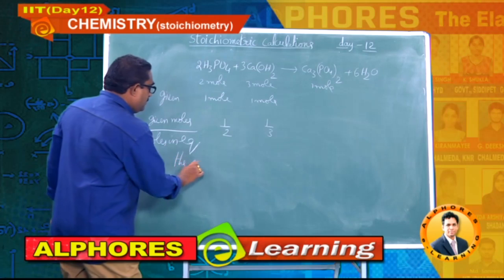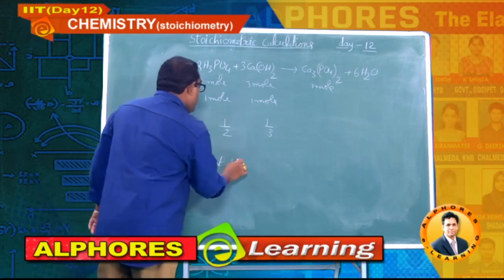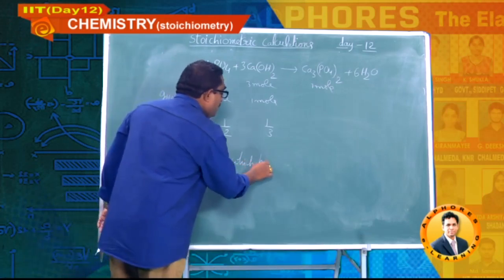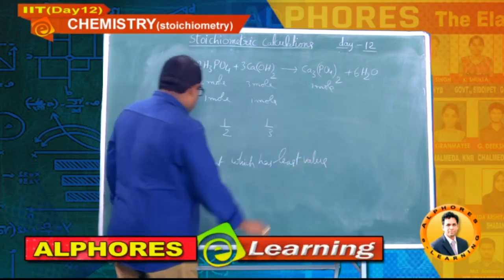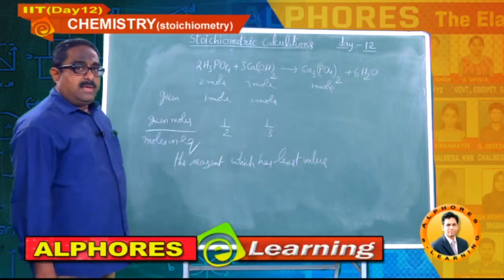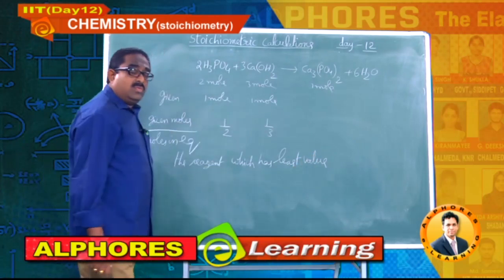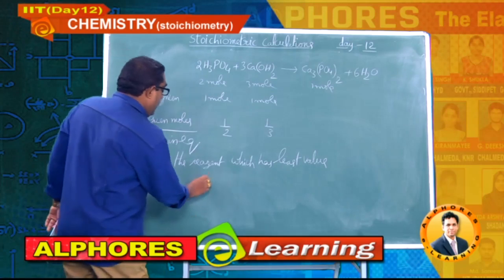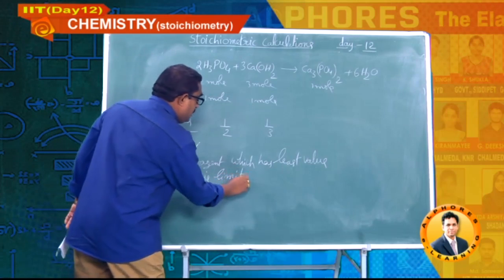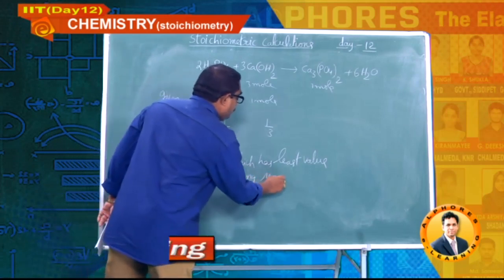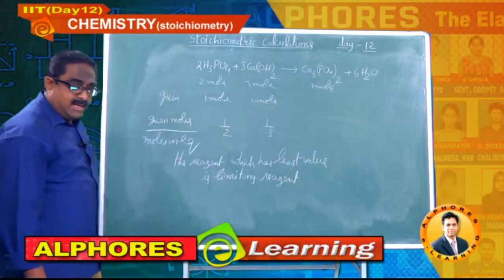The reagent which has the least value, write down, students, I am repeating, the reagent which has the least value is the limiting reagent.